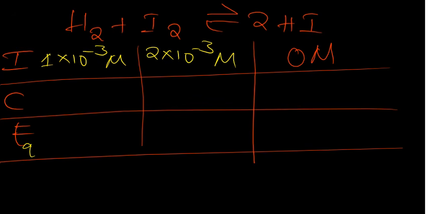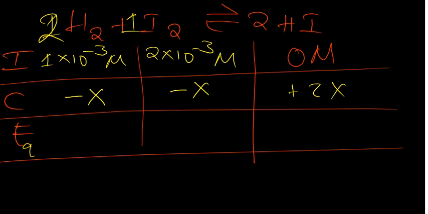So looking at the coefficients, 1 and then 2 on the other side, I'll use the variable x: minus x. The other side I'll say plus 2x. If I add a 2 there, I would have said minus 2x. That is the way we express our change.